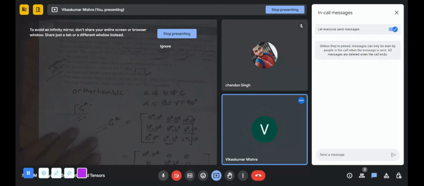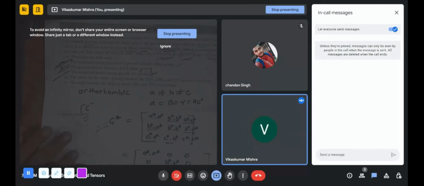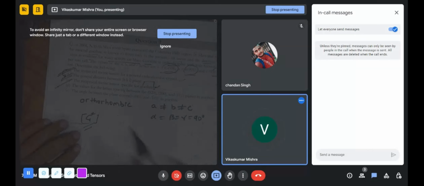Now let's go with D, the value of lattice spacing between the 002, 020 and 111 planes. Sorry, that is the D part. We need to find the lattice spacing between these planes. Very easy.